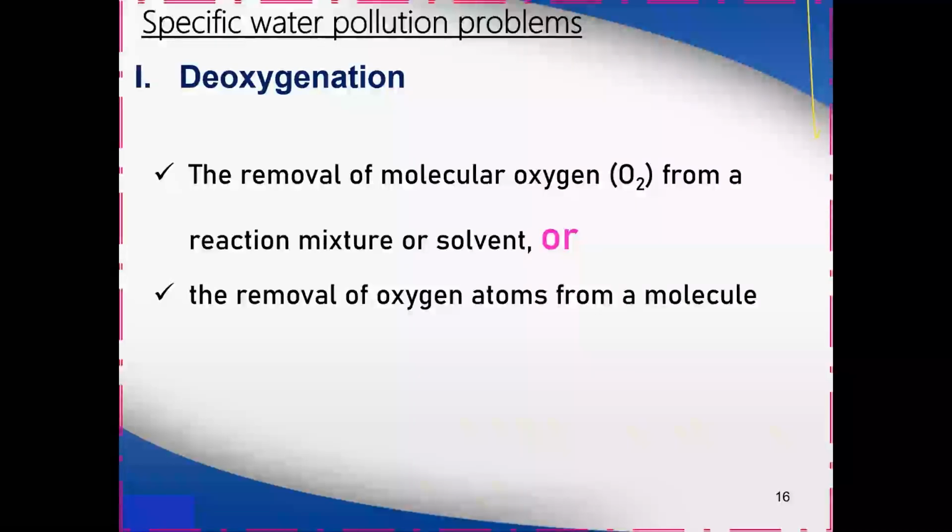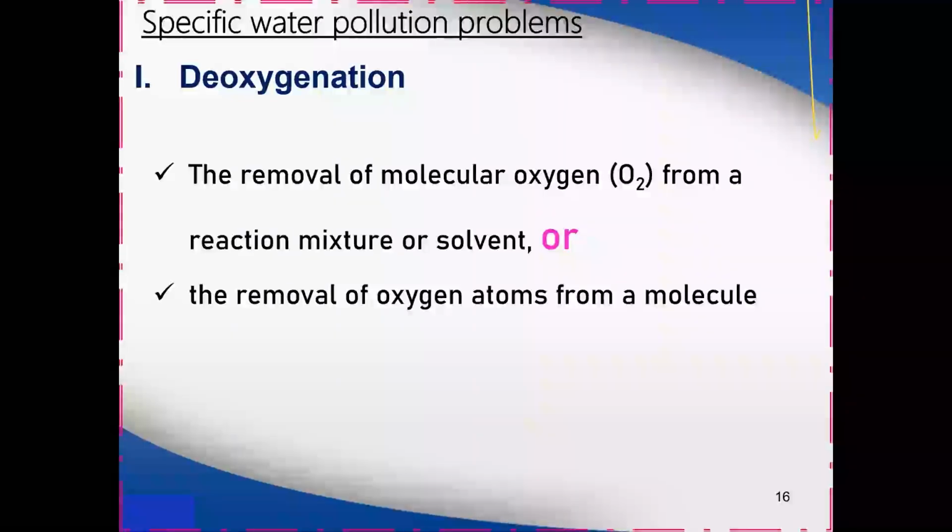But in a situation where you cannot reuse that water and you definitely have to release it, then you have to find a way of pumping oxygen back into the water before you release it. So that is what I'm saying, that for the water you have to release, you have to check the water quality parameters, depending on the purpose of the water.